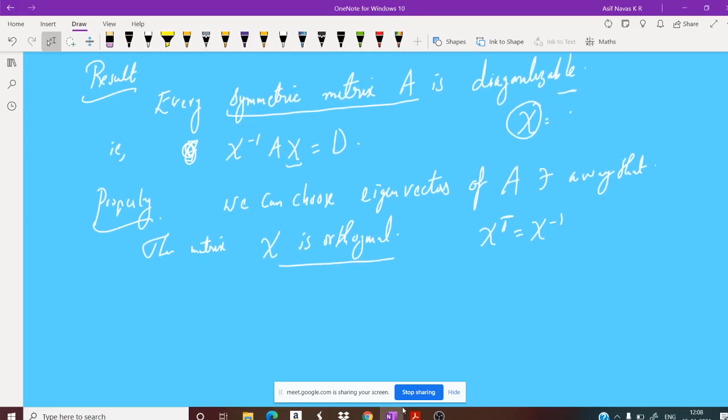So instead of X inverse AX, if A is a symmetric matrix, we can write X transpose AX is equal to D. That means we will find the norm and divide the eigenvector by the norm. I will show you an example, and then I will define what the norm is.